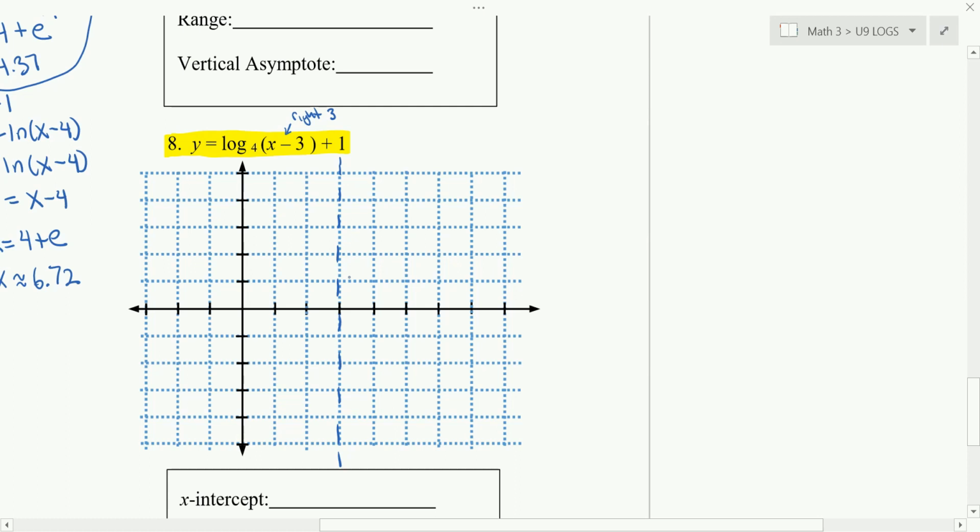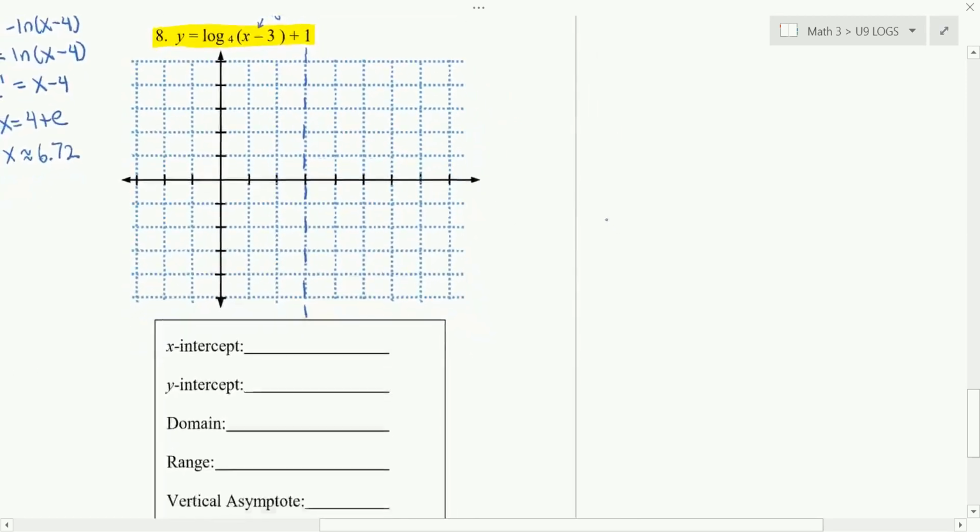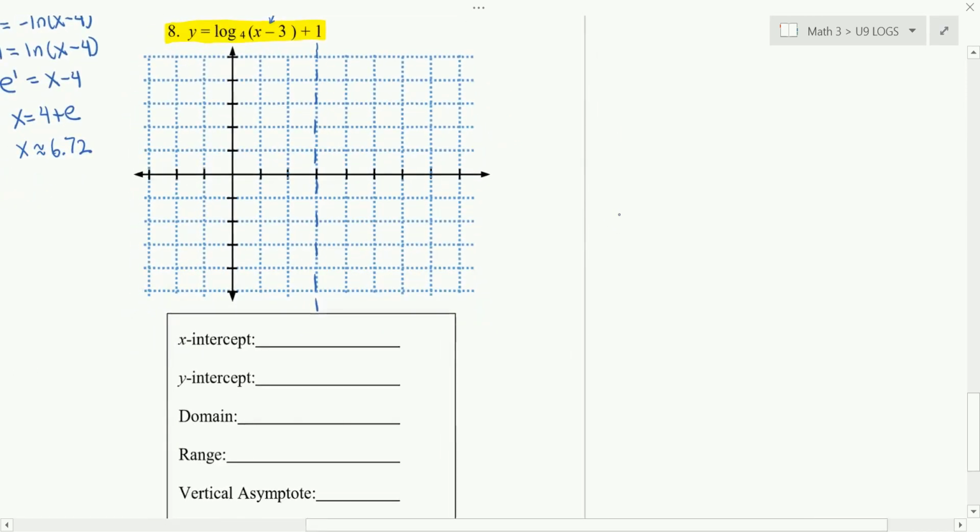Then we can find some other points by plugging things in. Yes, the plus 1 does move us up 1, but I'm just going to find these points by plugging things in. So we start with our vertical asymptote, which is at x equals 3.